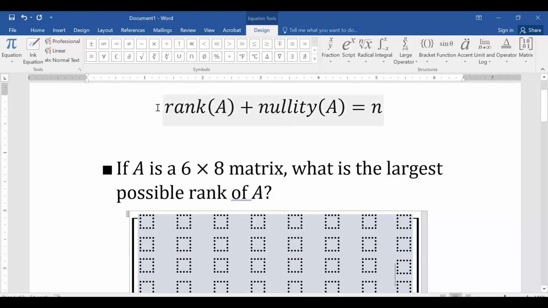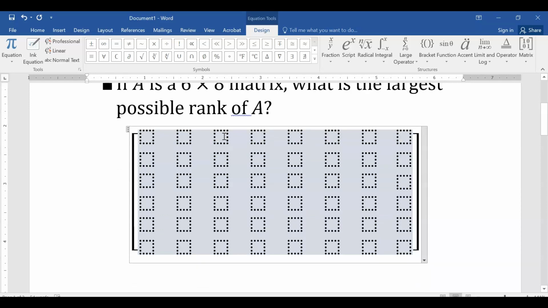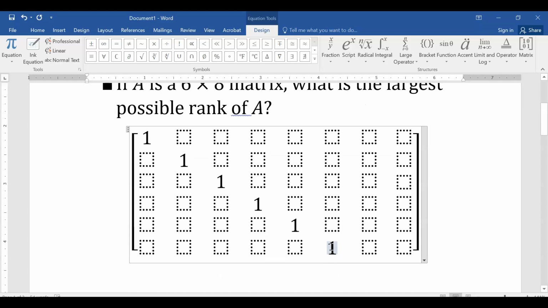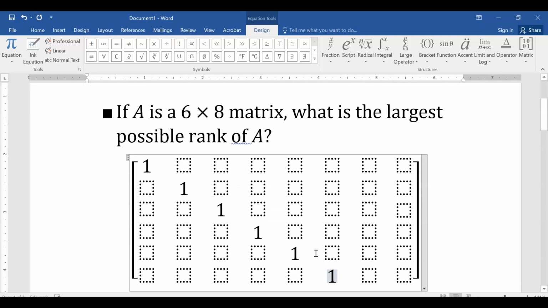Remember, rank is the number of pivot columns we could get. And if we have a 6 by 8 matrix, the most pivot positions I can have is 6. Notice I can't get 8 different pivot positions. So the largest possible rank of A is limited not by the number of columns we have, but in this case by the number of rows, because that's how many pivot positions we can get.